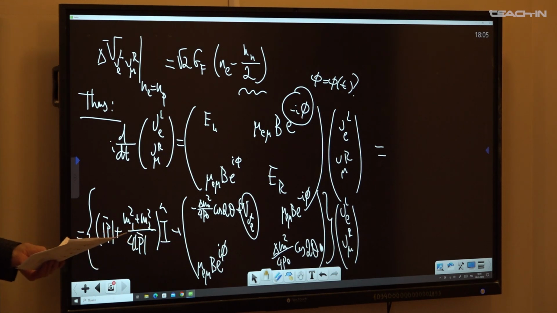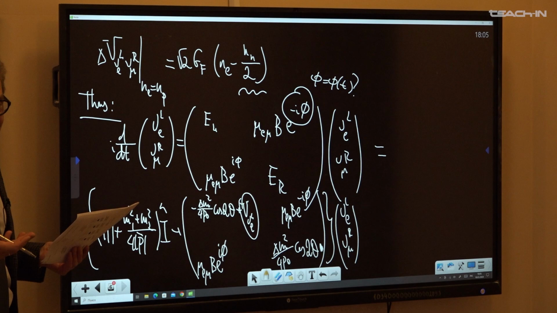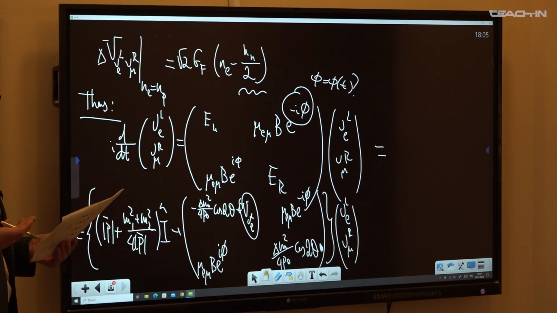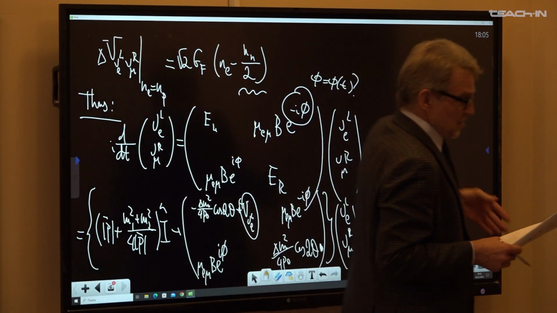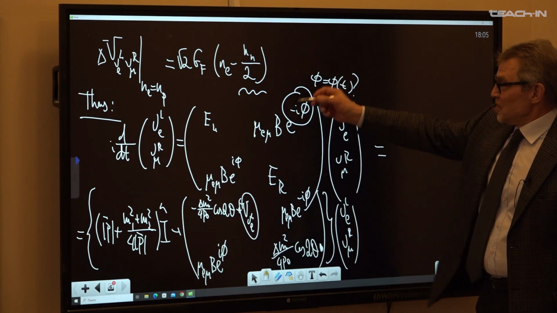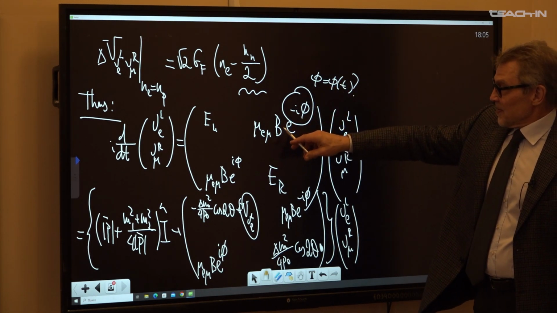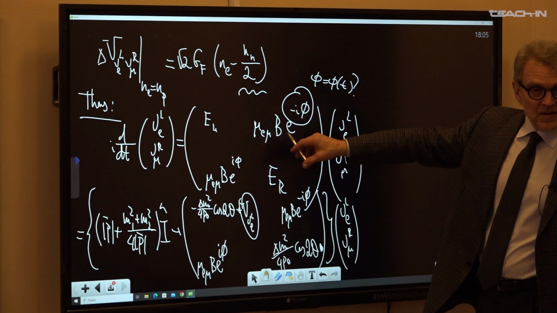There is a need to think and do something. And there is a very nice approach to treat this twisting effect of the magnetic field.